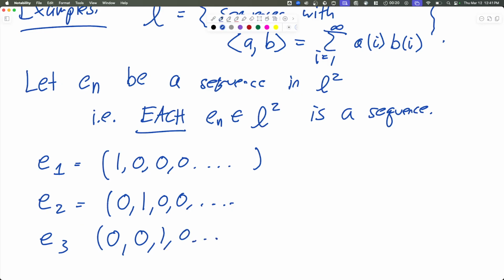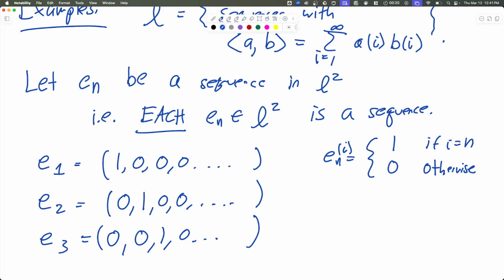We had this sequence of sequences in chapter 1. Maybe you remember from studying for the midterm. This is a sequence of sequences, and the rule is that En of i equals 1 if i equals n and 0 otherwise. So it has exactly one 1 in the nth component, and all zeros everywhere else.